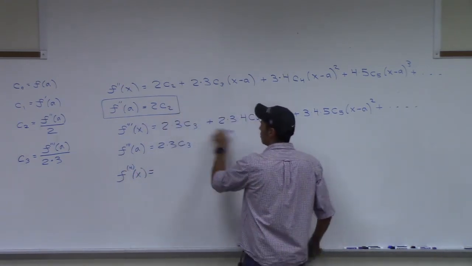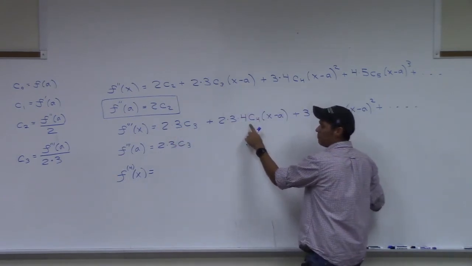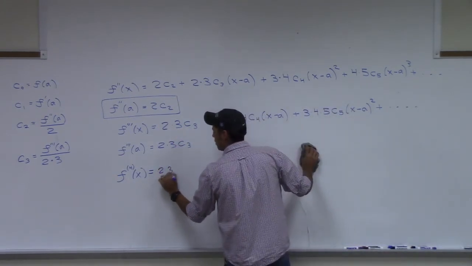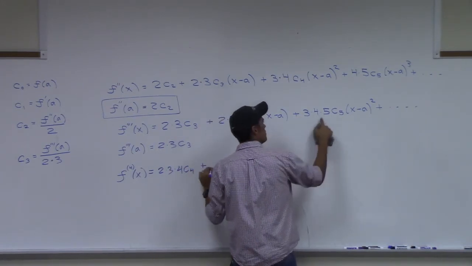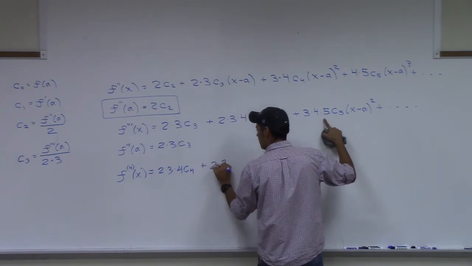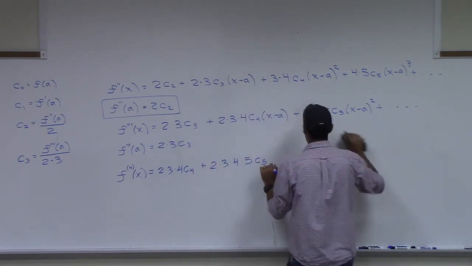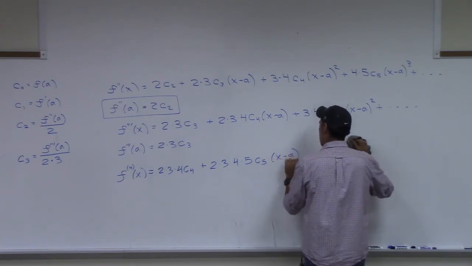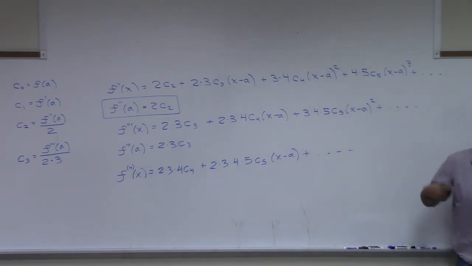So here's our third derivative. So derivative of that is 0. Derivative of this one? 2 times 3 times 4 c sub 4. Plus, this one's now 2 times 3 times 4 times 5 c sub 5 x minus a. And then plus dot dot dot. Let's plug a in again.